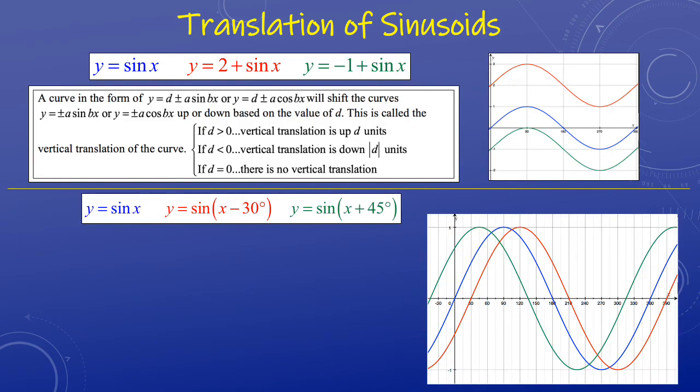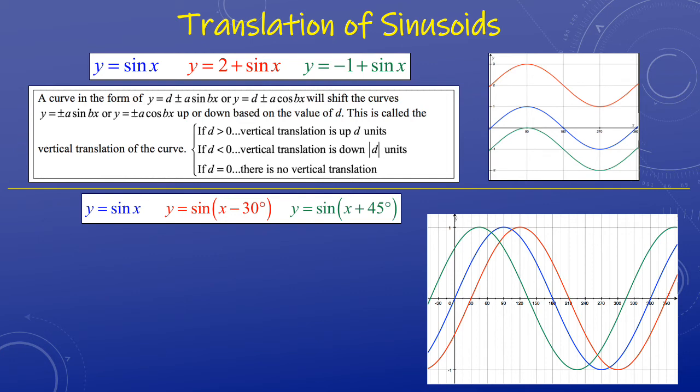So now let us look at y is equal to sine of x in blue. y is equal to sine of quantity x minus 30 degrees in red, and y is equal to sine of quantity x plus 45 degrees in green. Our blue curve is our regular sine curve.